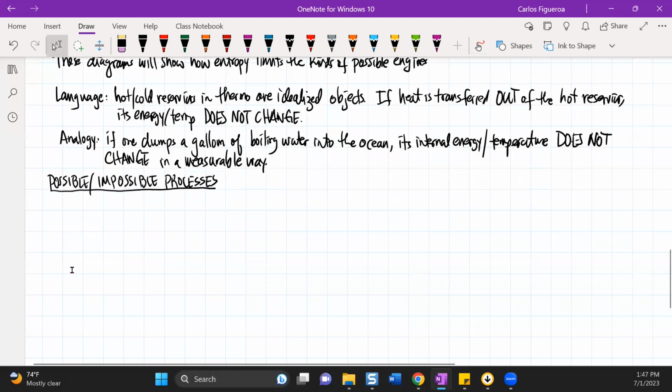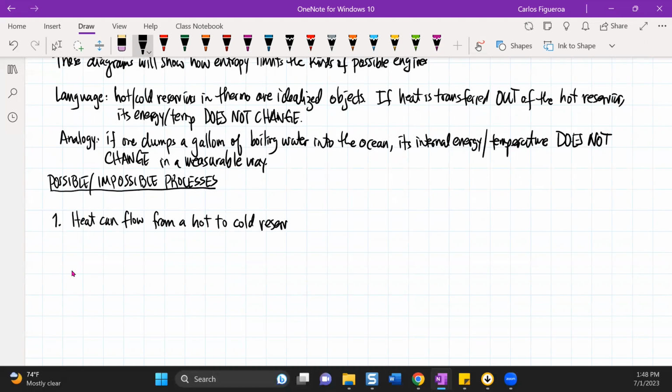And let's list them. So the first one I want to look at is I want to say heat can flow, transfer from a hot to a cold reservoir. In other words, Q hot will transfer energy to Q cold.